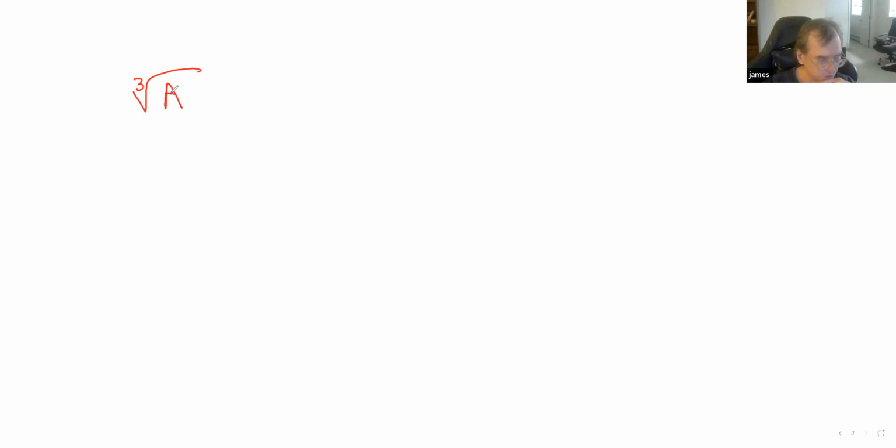If you take the cube root of A, and if A is the thing that you're using to get the Z mod 3 torsor in this way, then if you take A squared and then take its conjugate.